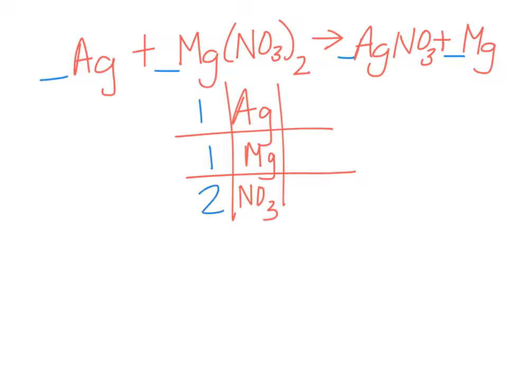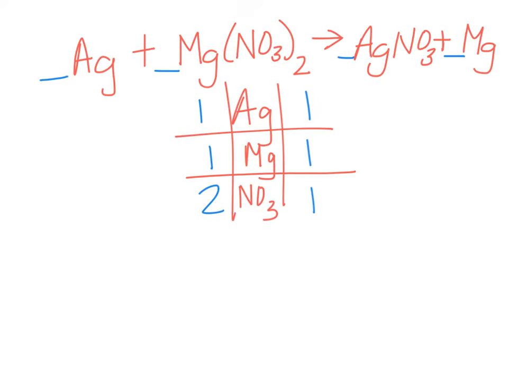On the right-hand side, 1 silver, 1 magnesium, and then you can see that I only have 1 set of nitrate there. Okay, so our silver looks good, 1 on each side.